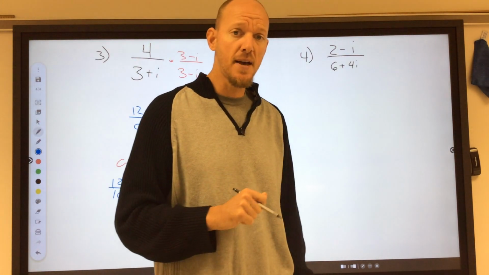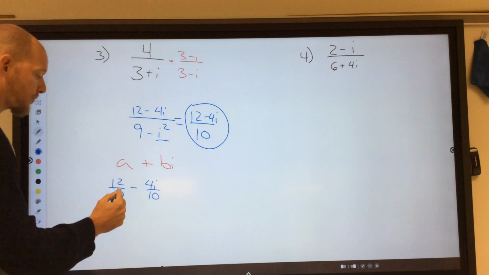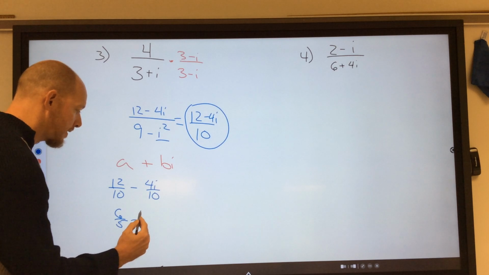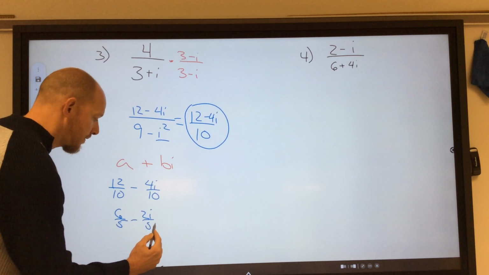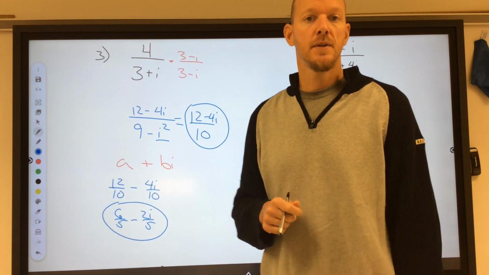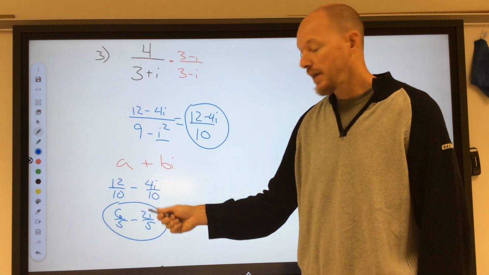And from seeing that, we can go another step and simplify these because they have a factor of 2. So this would be 6/5 minus 2i over 5. There's our simplified complex standard form answer. It has a real and an imaginary part.